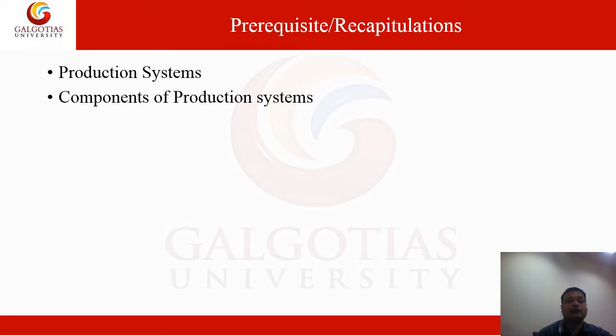There are 6 components in every production system: input, output, transformation process, control system, feedback mechanism and environment. All these components and their descriptions we have already discussed in the previous lecture, and today we are going to see one of the major components of this production system, that is the transformation process.